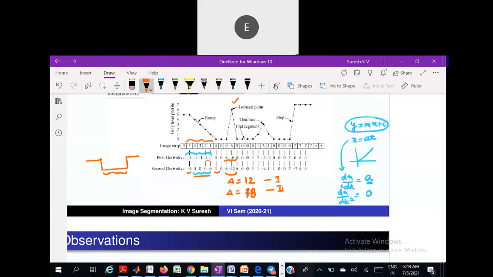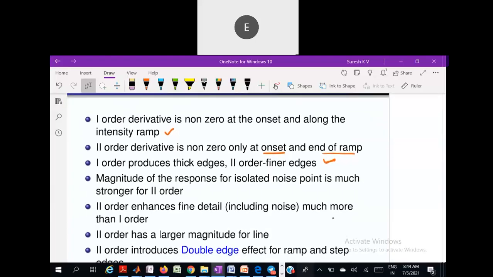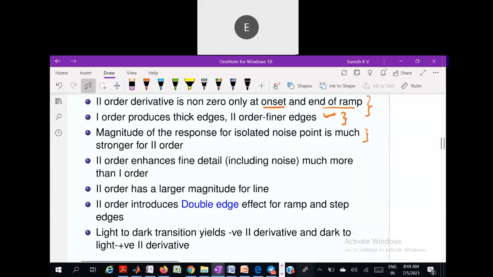So the change is 18. You can see it is much stronger as compared to this. That means the effect of second order derivative on a noise point is very high, which is a disadvantage. The thin edges are an advantage, but this is a disadvantage because it is very sensitive to noise points.